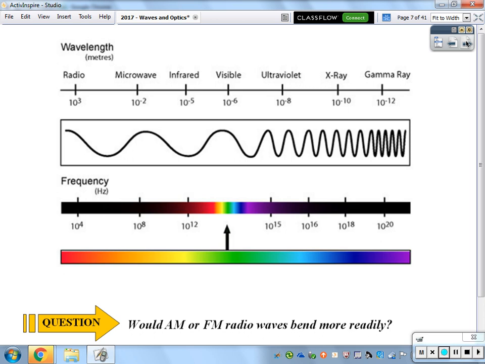AM stands for amplitude modulation, meaning that the way the signal is sent is through altering the amplitude of that wave. And FM is modifying the frequency of the wave itself.